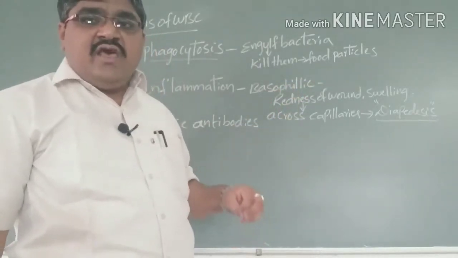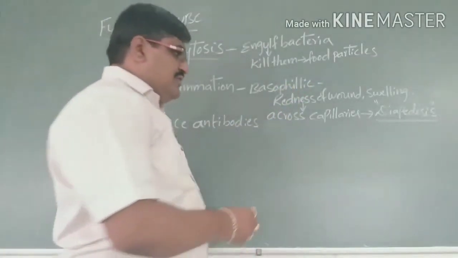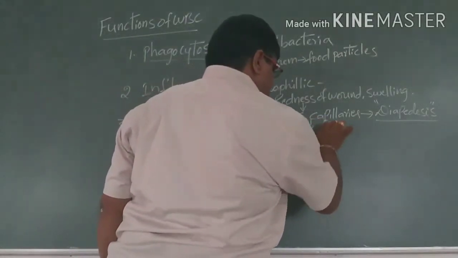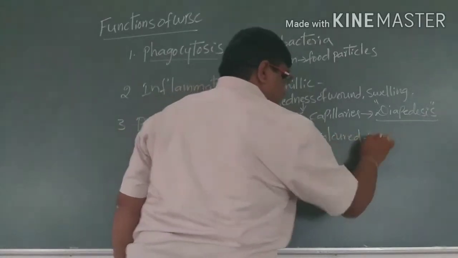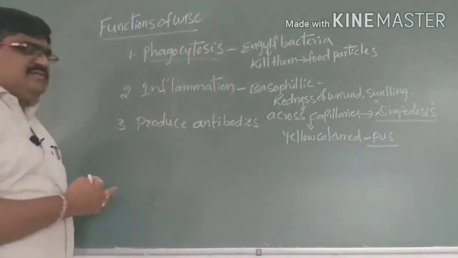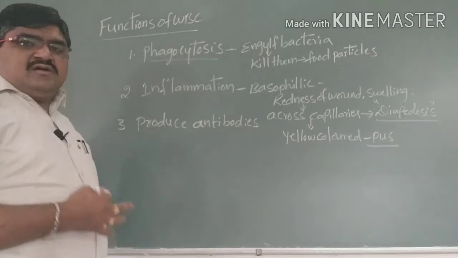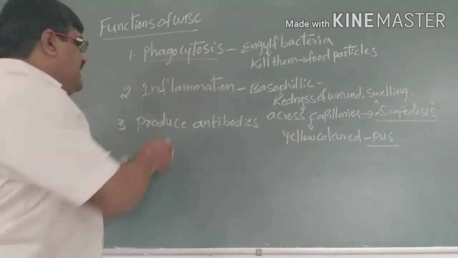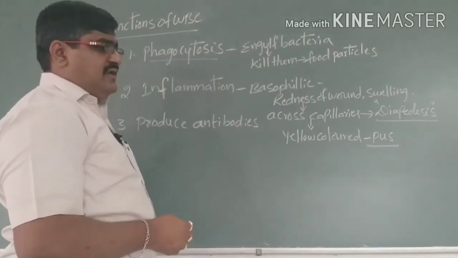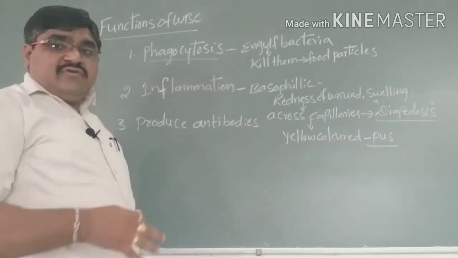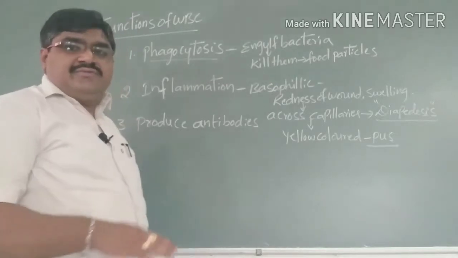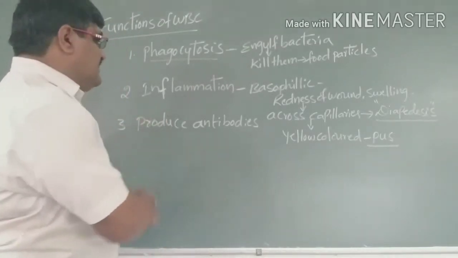When they kill the germs, they produce pus, a yellow colored substance, as the WBCs fight against harmful germs. This is the second process, inflammation, where redness and swelling are reduced and the harmful germs are fought.